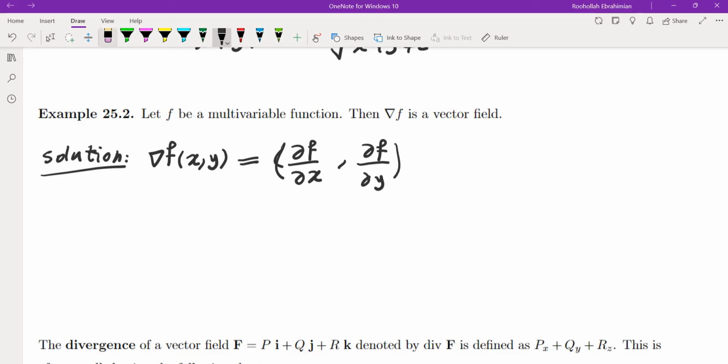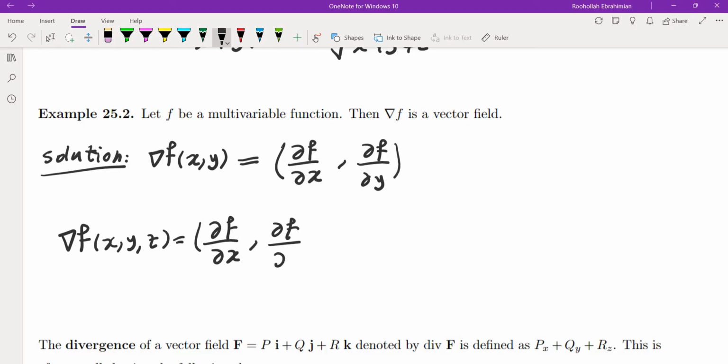So it assigns to every point x, y the gradient. And if it's a function of three variables, then it would be the partial of f with respect to x, partial of f with respect to y, and partial of f with respect to z. So that is a vector field.